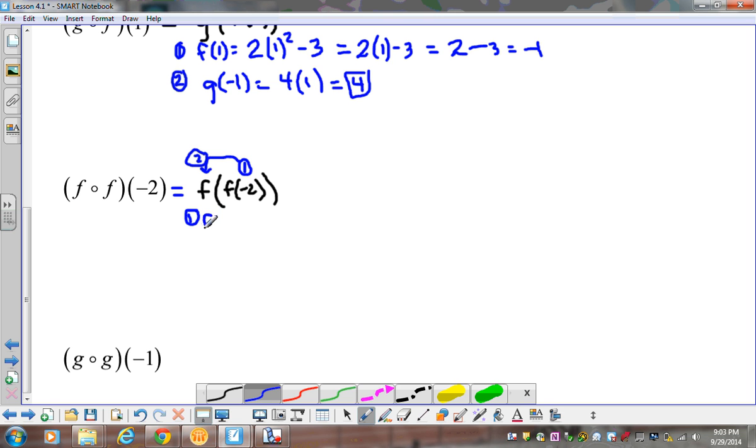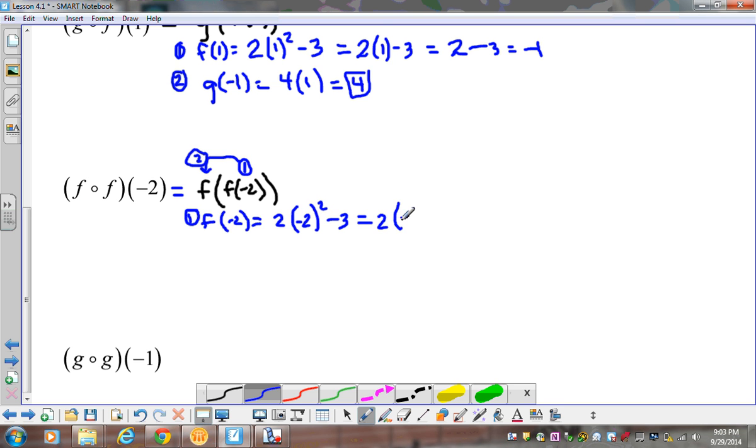Let's do f of negative 2. So f of negative 2 means I'm taking negative 2 and plugging it into my function f of x, which is 2x squared minus 3. In place of x, I plugged in a negative 2. Now, negative 2 squared is 4.